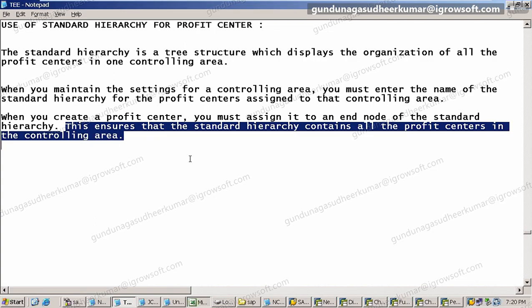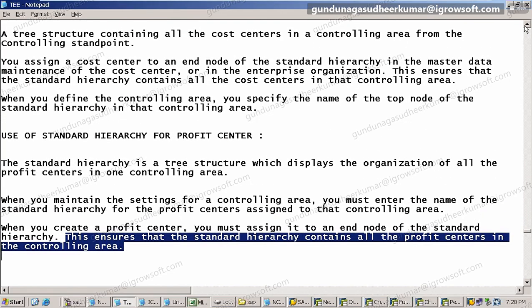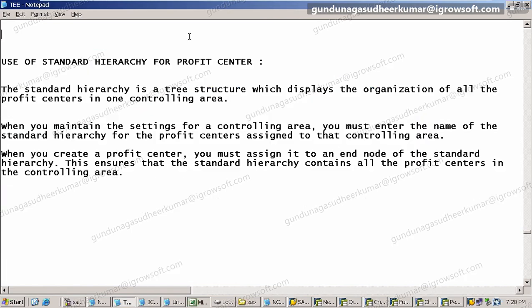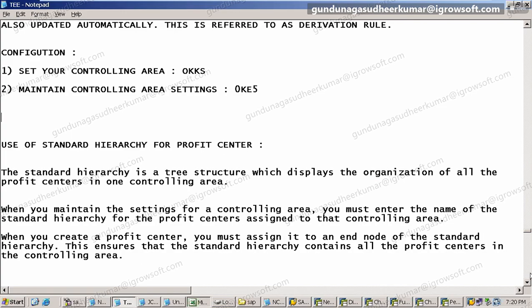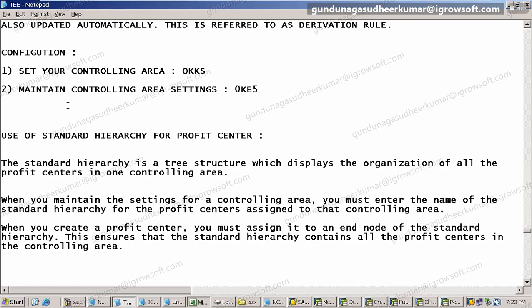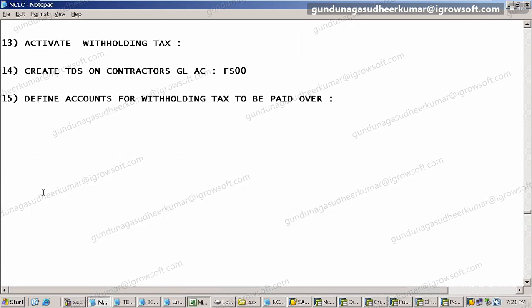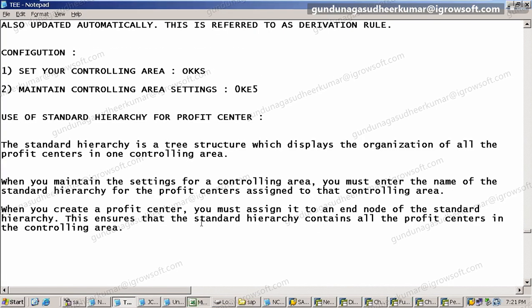Okay, done. So we will proceed. Then wait for me. So this is for the cost center. So I am removing this. Not required. Yes. Put it somewhere else. Now, noted use of standard hierarchy.